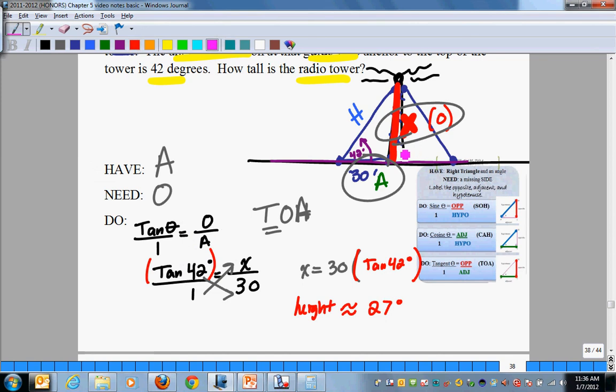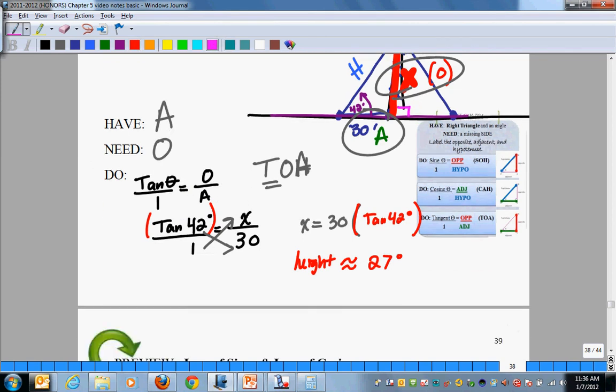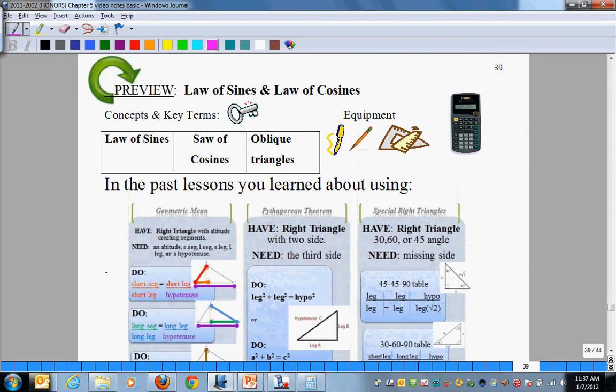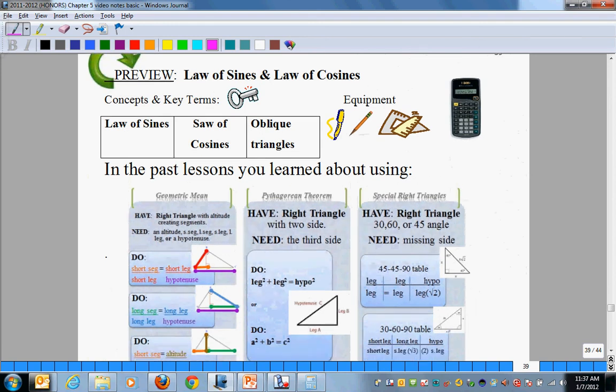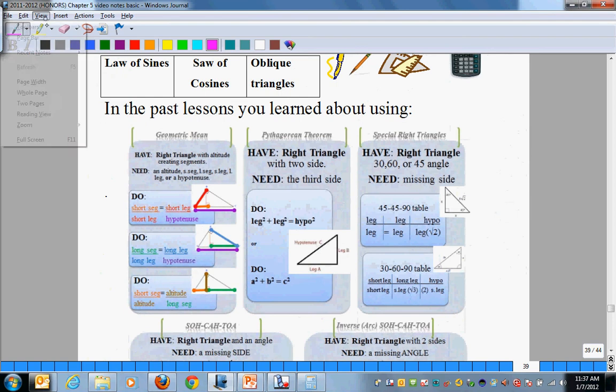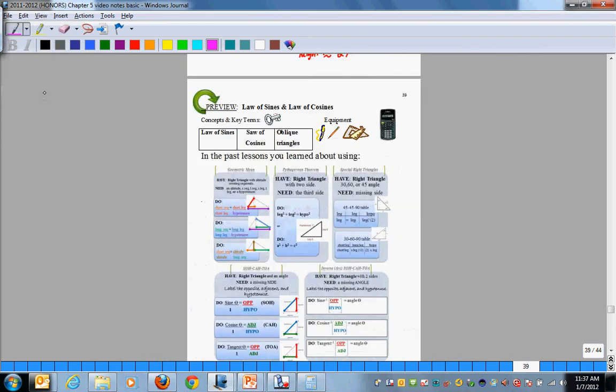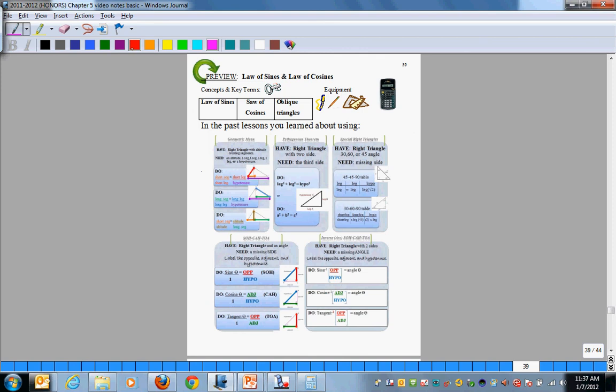Now notice, this is a right triangle. Everything we have studied so far, we're going to preview something called law of sines and law of cosines. And everything we have studied so far is related strictly to right triangles. Let me just recap for you. If you have a right triangle with an altitude, we use geometric mean. If you have a right triangle with 2 sides, you need a third side, that's Pythagorean theorem.